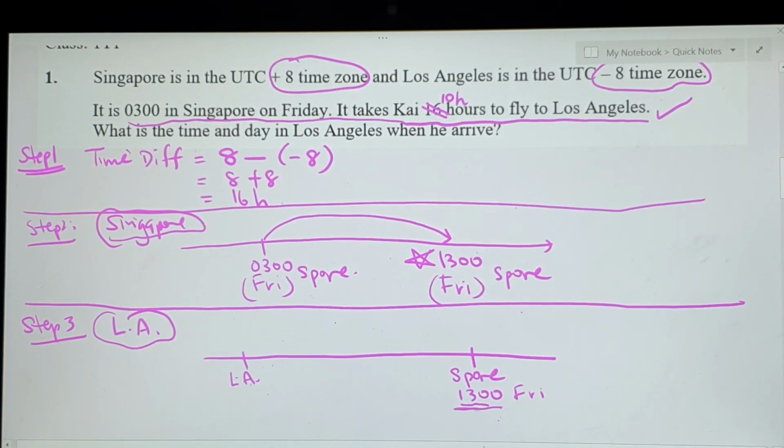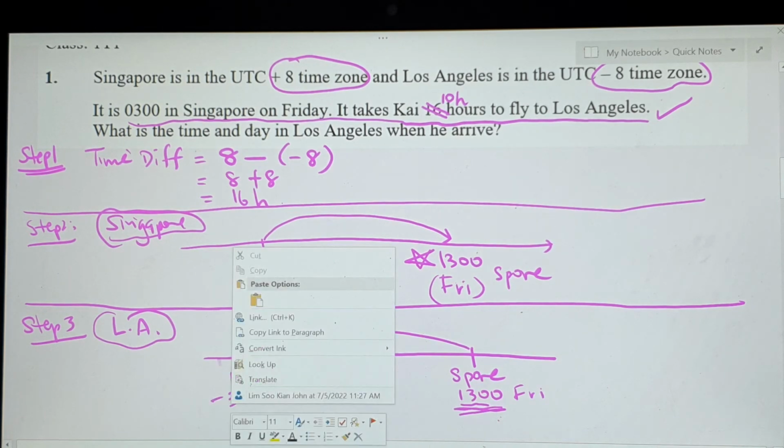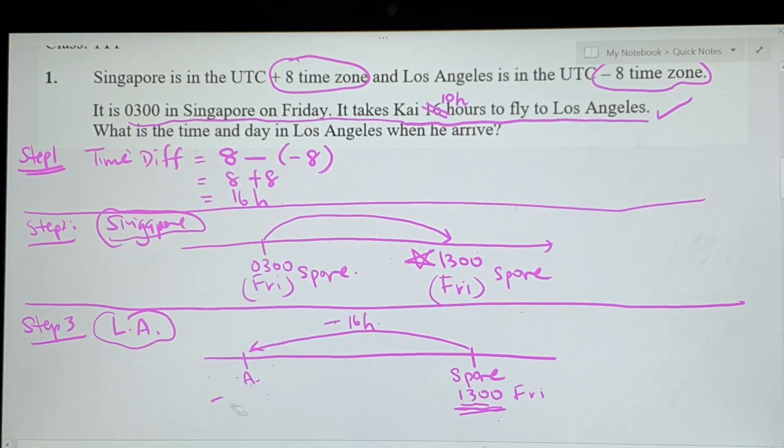So you take this minus 16 hours. This one will be minus 3, correct? But this minus 3 means it's actually the previous day. Alright, so let me show you what I mean. I minus 13 hours first. Why?